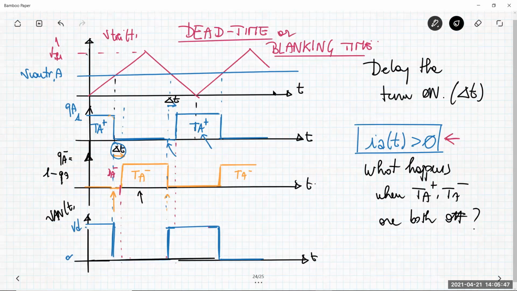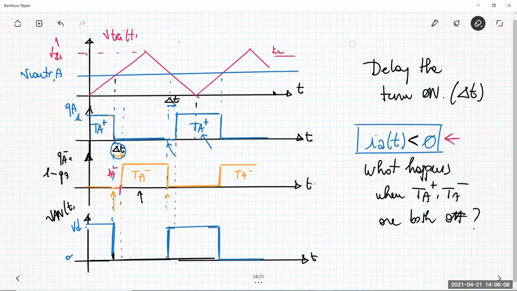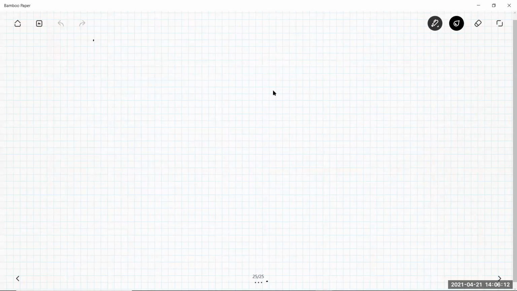Okay. I delay again the turn on. Okay, now I have a situation in which both devices are left open, but the current is negative. So what happens when the current is negative and both devices are left open?